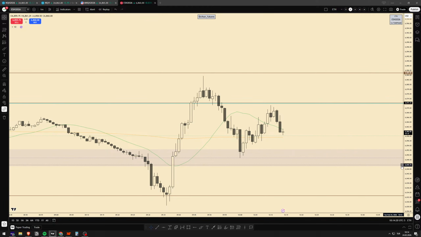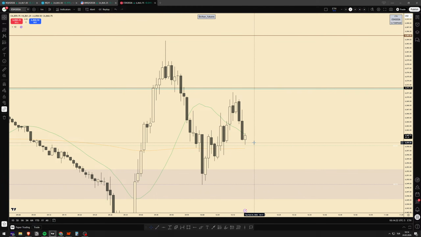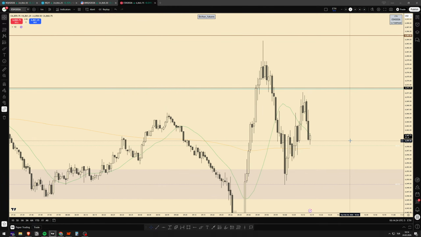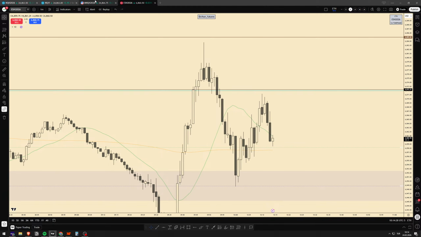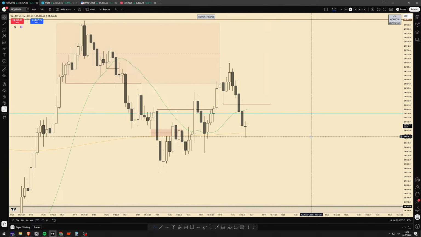Let me check ES real quick. Looks pretty much the same with Nasdaq currently, but Nasdaq is still stronger than it. Yep.